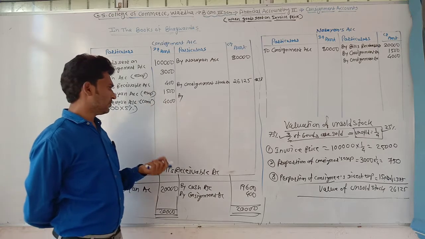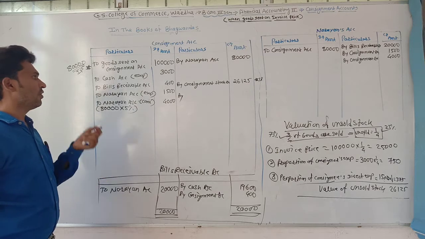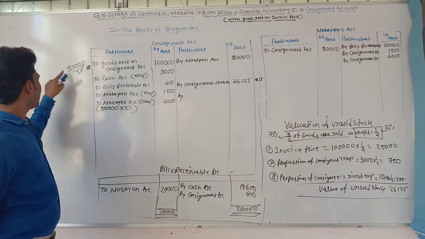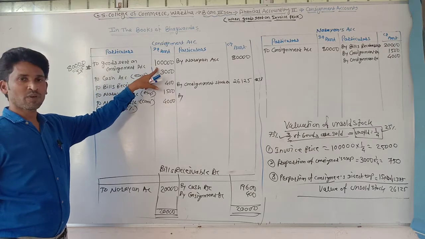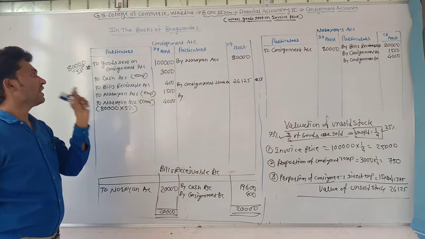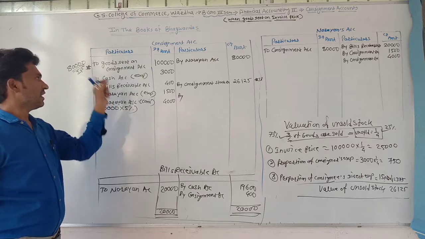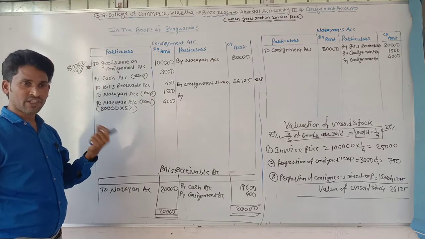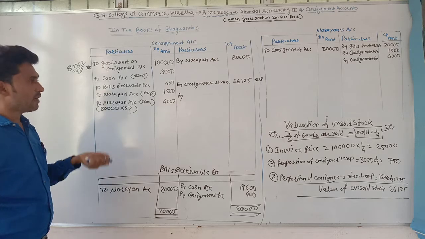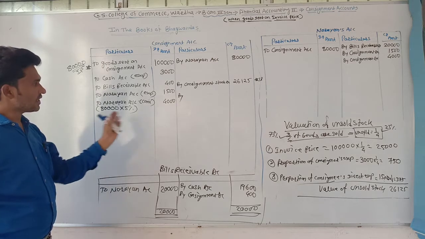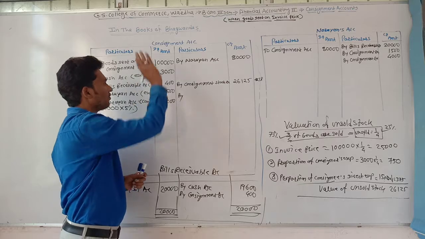Here is the invoice price or loading. The cost price of goods is rupees 80,000, but the invoice proforma shows rupees 1 lakh. It means there are 20,000 rupees excess in the invoice price. So at the time of finding the profit or loss, we cancel it from the debit side.